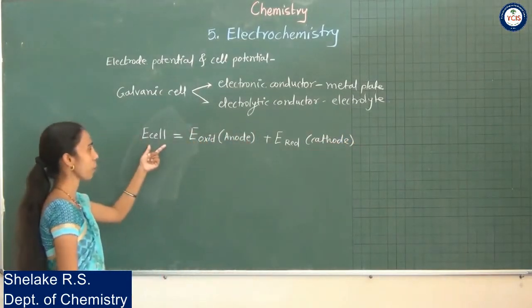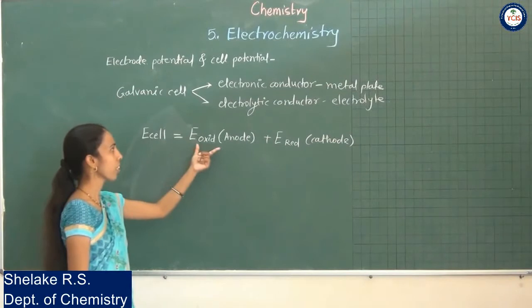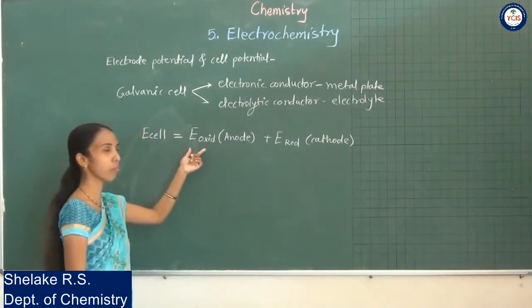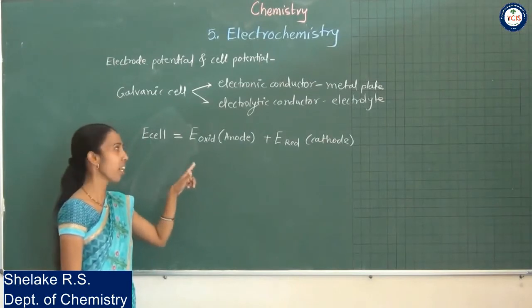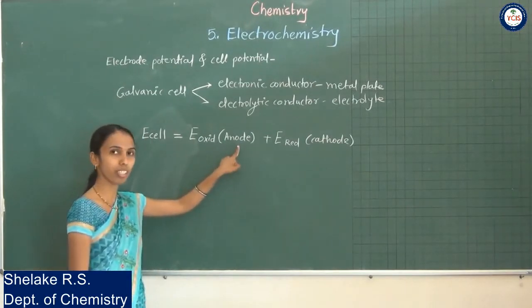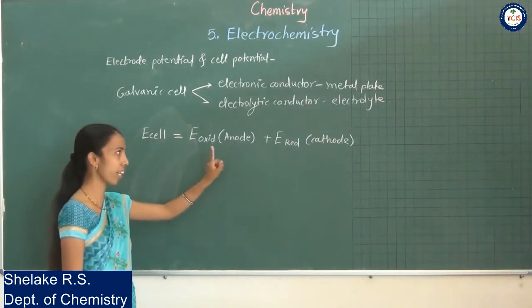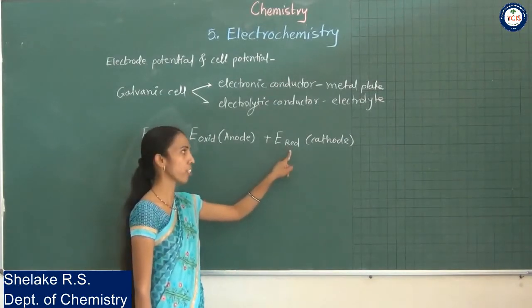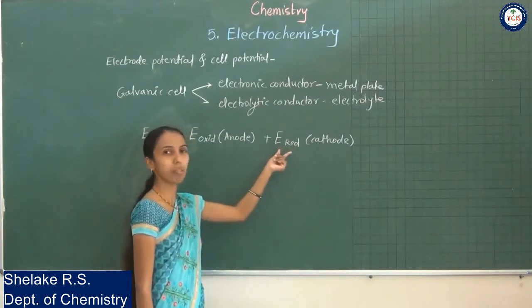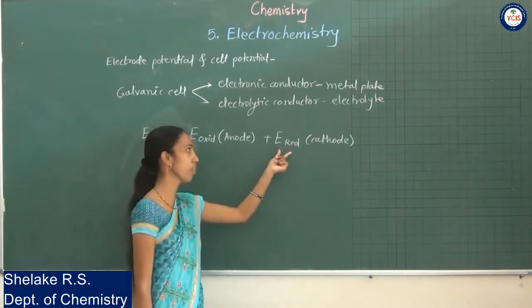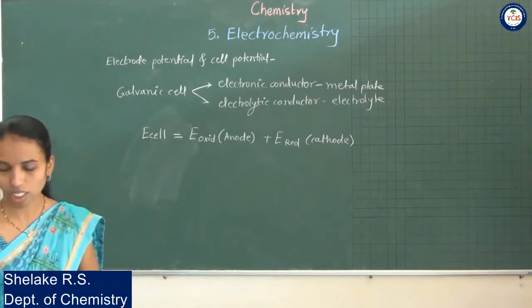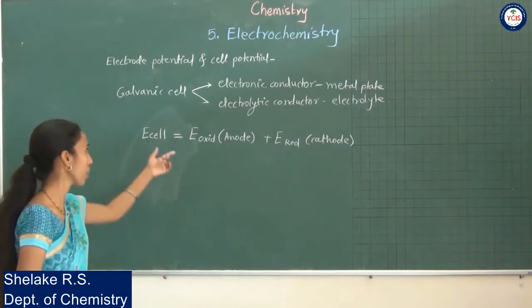So the total cell potential is E oxidation plus E reduction. Here E oxidation is the electrode potential established at the anode, because at the anode there is an oxidation reaction, and E reduction is the electrode potential at the cathode established due to the reduction half reaction. Okay, so this is the formula for E cell.